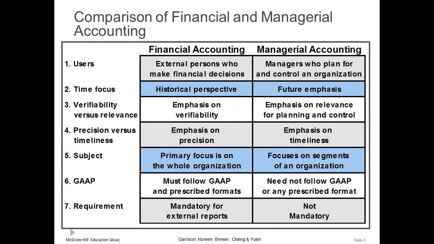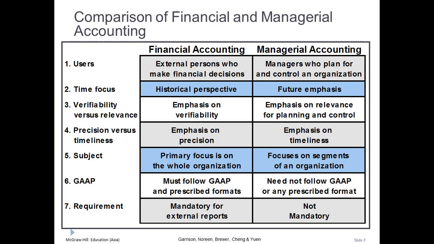Financial accounting reports are prepared for external parties, whereas managerial accounting reports are prepared for internal users. Number 2, the emphasis is on the future. Financial accounting summarizes the past transactions. Managerial accounting has a strong future orientation.